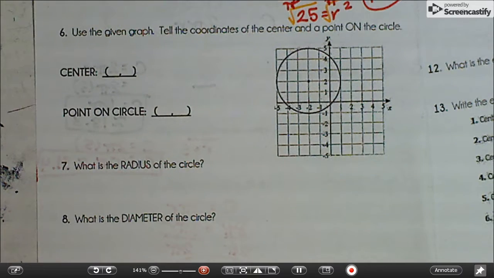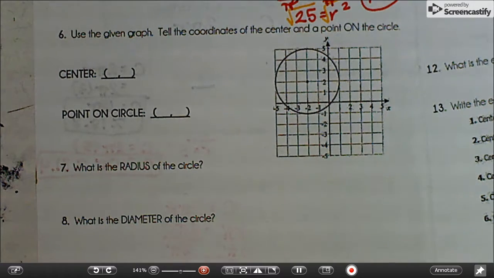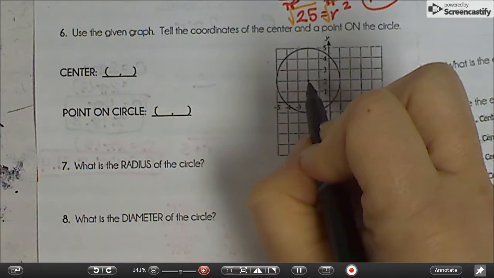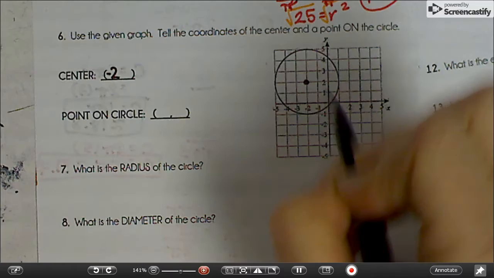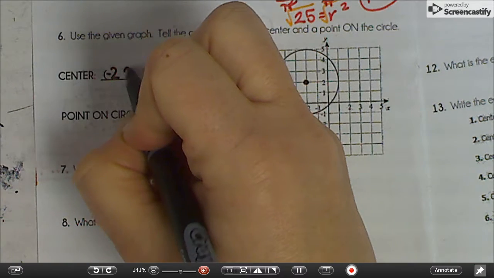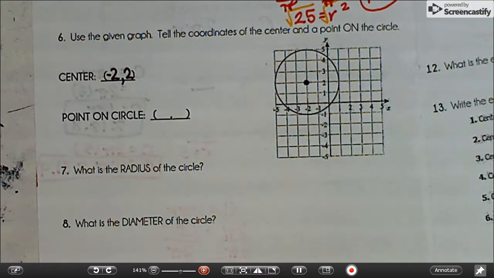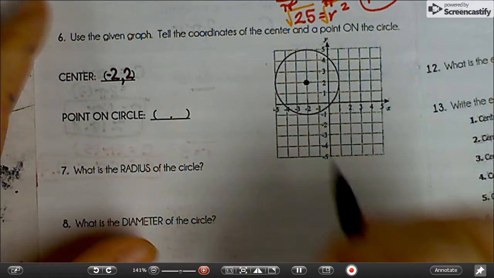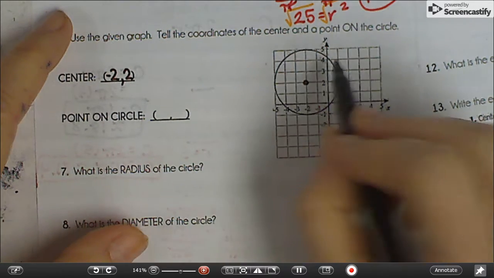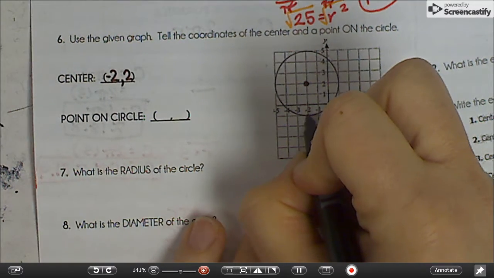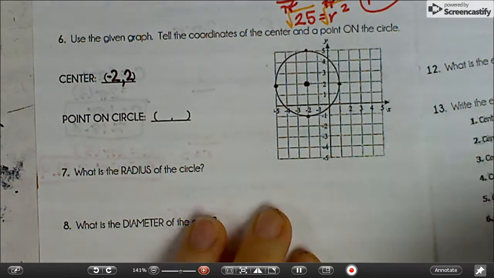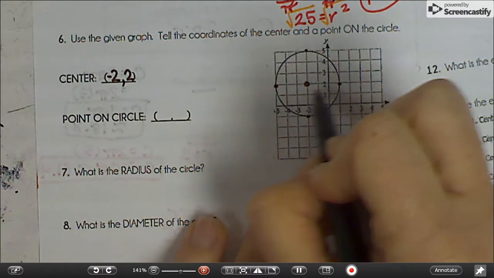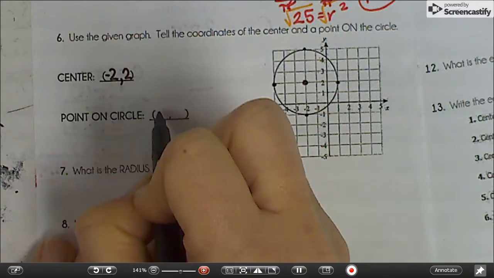Using this given graph, what are the coordinates of the center and a point on the circle? Well, here's the center. So we just count -2 for x and 2 for y. A point on the circle, we can choose any of these points, but it's easier to choose ones that fall on an actual coordinate. So if we wanted to do this one, it would be 1, 2.